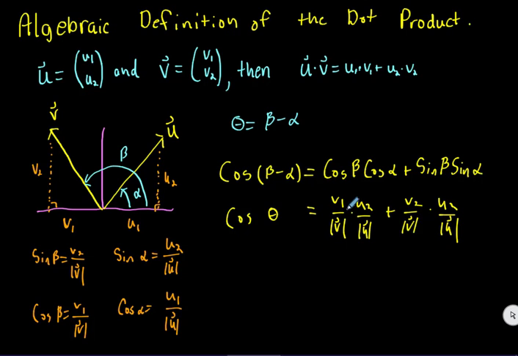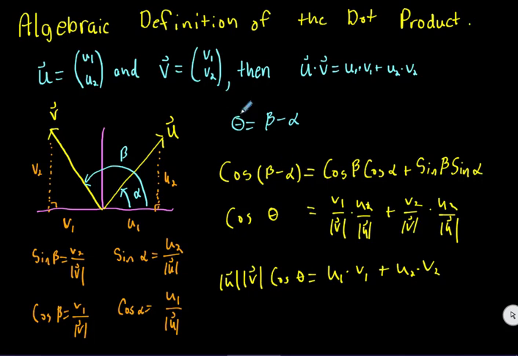I can multiply both sides by magnitude u times magnitude v, so magnitude u times magnitude v times cosine theta is equal to u sub 1 times v sub 1 plus u sub 2 times v sub 2.